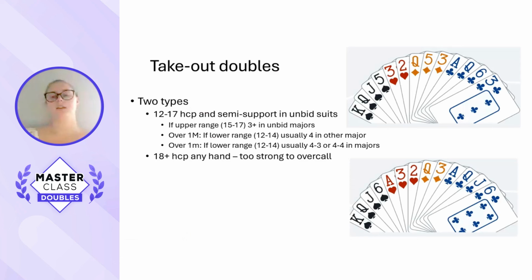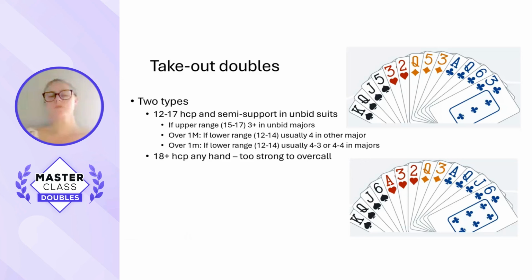The first type of double is the double that we have in the first round of bidding. So opponents open and we double, or opponents open, our partner passes, and the next person bids something. Then we have two types of hands. We can either have 12 to 17 high card points and semi-support in unbid suits.